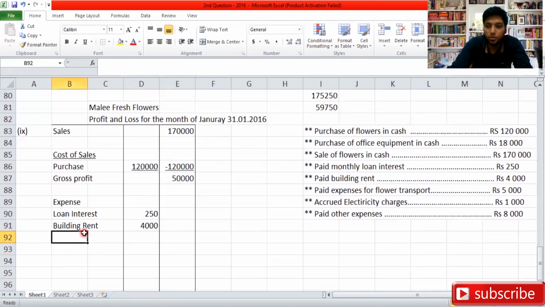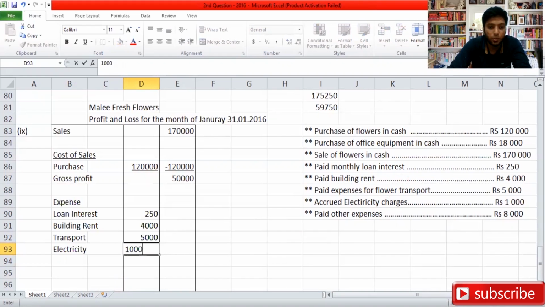Then I have flower transport, I can say transport 5,000. Same way I recorded in my cash book, taking all the expenses. But accrued electricity charges I didn't take in the cash book. But in the income statement, whatever I need to pay and whatever I need to receive for that particular month, I need to consider. So I will consider it as electricity charges. Electricity is 1,000, so I will record electricity 1,000 also.